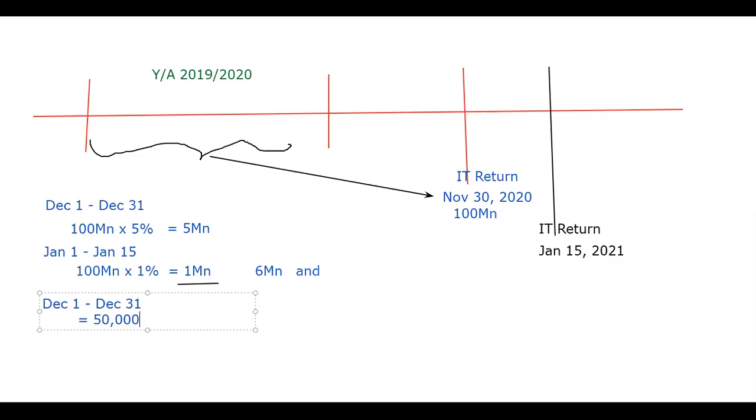And again January 1st to January 15th, again 10,000. Altogether 60,000.